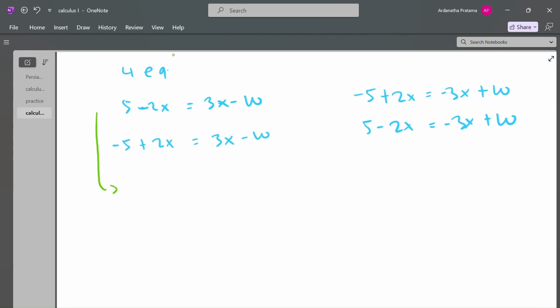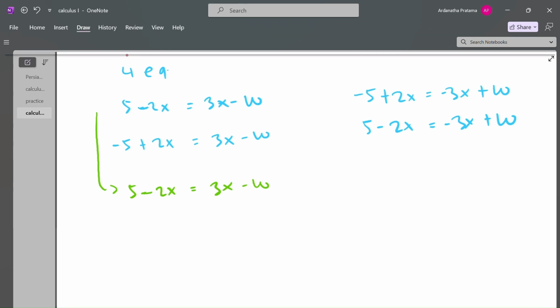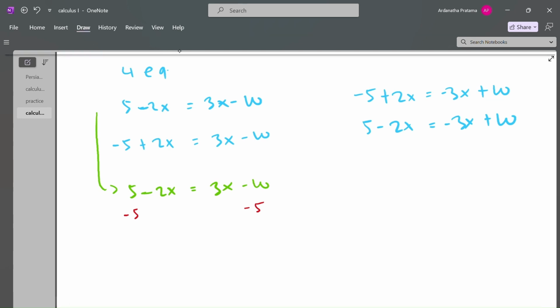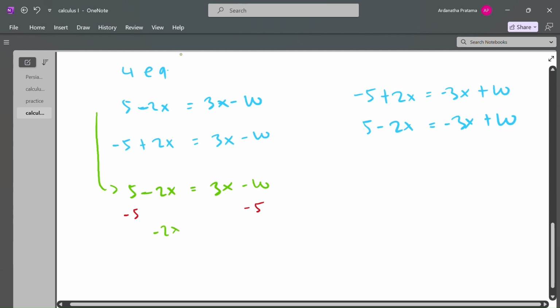Okay, here we solve it like a basic algebra calculation. So 5 minus 2x equals 3x minus 10. And now we have to subtract 5 on both sides. So we get minus 2x equals 3x minus 15.